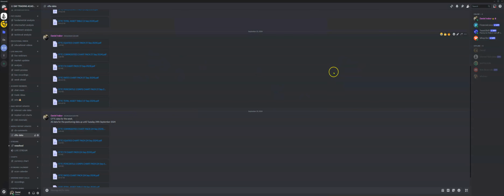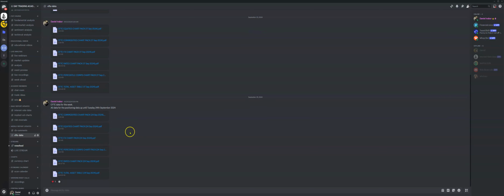So this is the Discord. Obviously, this is the CFTC data tab. So you can see right here, all data for the positioning up until Tuesday, 24th of September, 2024. So that means this particular CFTC chart correlates to the positioning that we've had up until Tuesday of that last week.